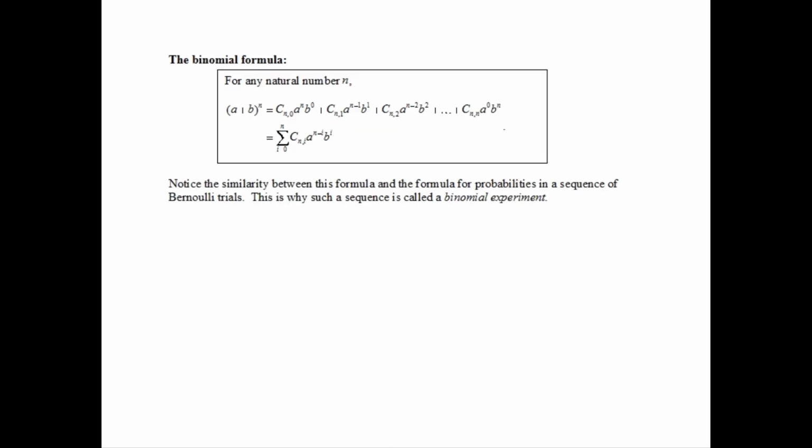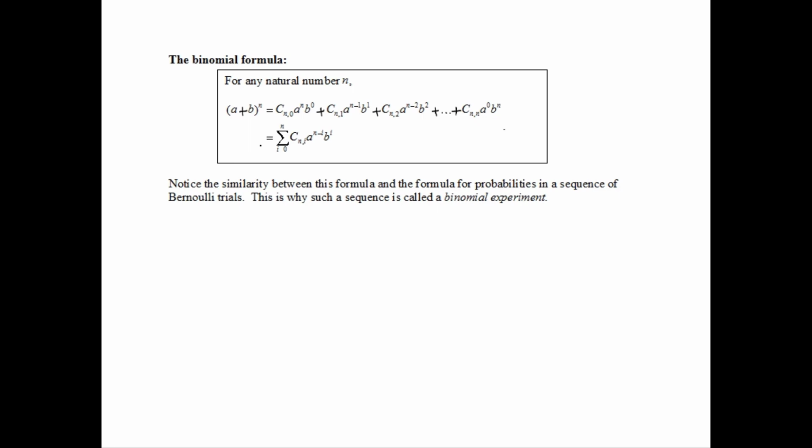The reason we call this a binomial experiment is because the formula should remind you of, if you've seen it before, the binomial formula, which is what we get if we take a binomial, that should be a plus, and raise it to the nth power. We end up with a formula that looks like this. Notice each of our terms in our formula look very similar to the one that we just had.